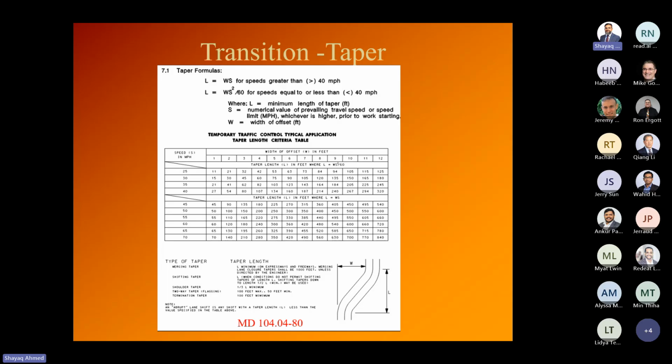When I say speed, I mean the prevailing speed. When we design, we design for the prevailing speed or the posted speed, whichever is higher. Most of the time, the prevailing speed is higher, but sometimes it can be less. So you have to determine which speed you are designing for.